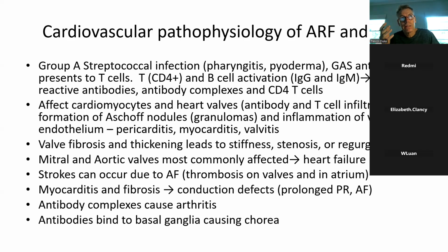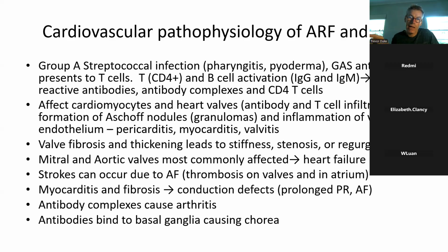Remember, you need atrial contraction to fill a ventricle, and if you've got atrial fibrillation, then the abnormality is typically that you don't have that atrial systole, so therefore the left ventricle doesn't fill adequately. That's an important concept of what the pathophysiology of atrial fibrillation is.